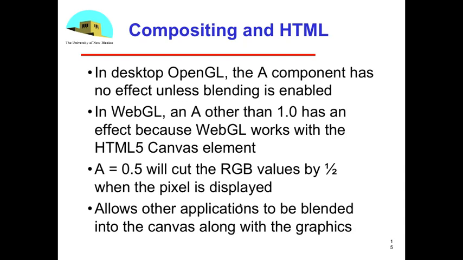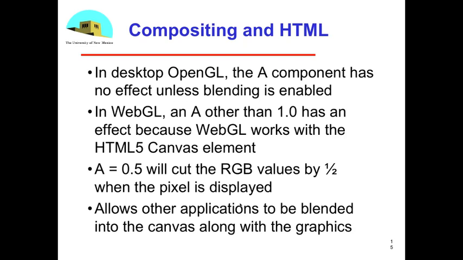We don't have text primitives in WebGL, and it shouldn't be a problem because you have all these other ways of getting text up on the canvas, from simply writing the text within the HTML5 to using some more complex application. So this allows you to blend in things from other applications with what you do within WebGL. But be careful of that, because I really was tricked by that, and it took me a while to figure out what was going on.